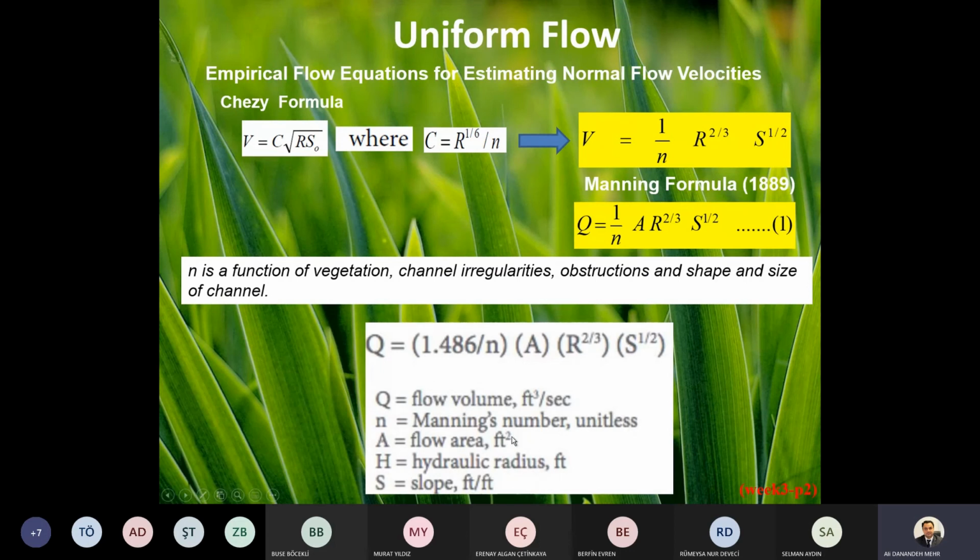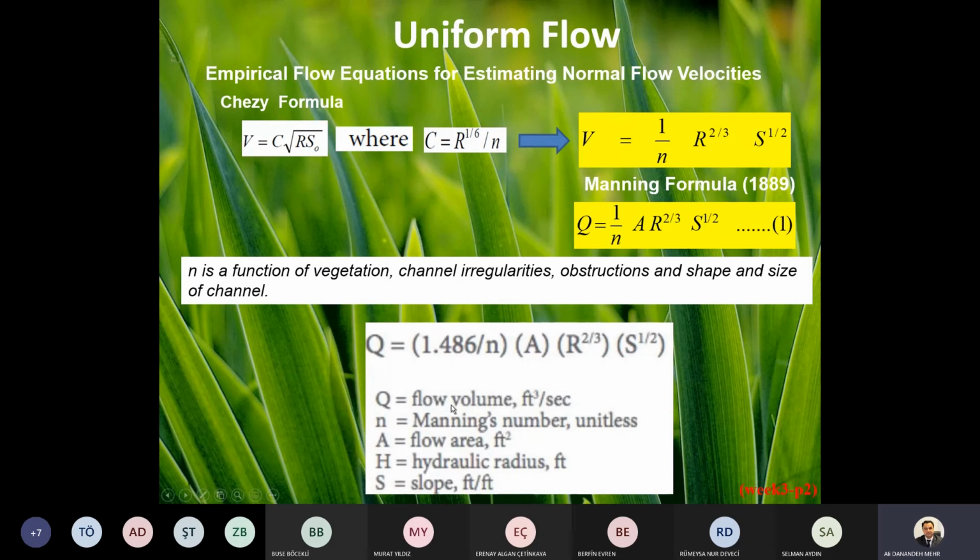However, if you use the American system, foot per second for velocity or cubic foot per second for discharge, we know from the beginning that n is dimensionless, s is dimensionless. Therefore, the value of 1 should be adjusted. This coefficient should be adjusted to make both sides dimensionally correct.